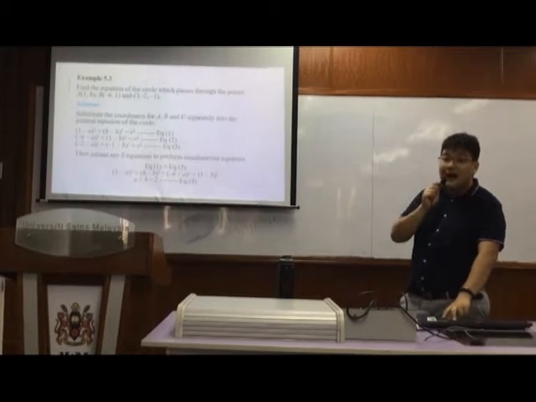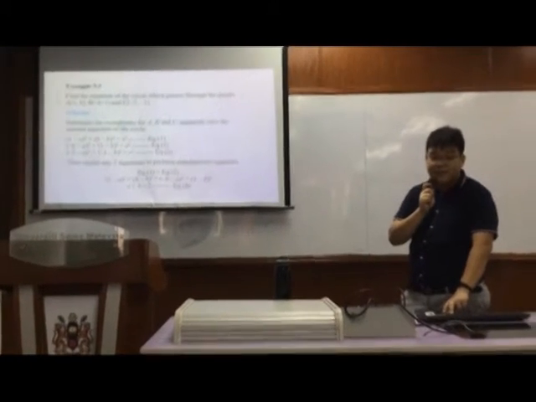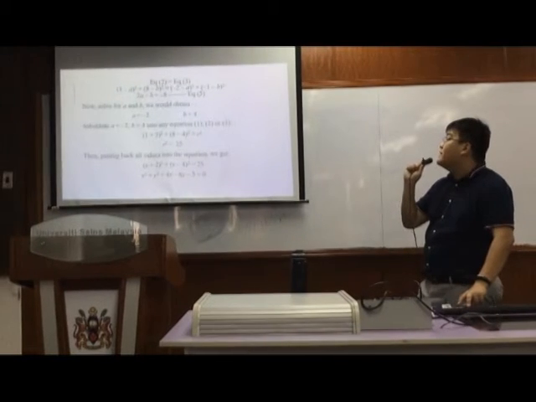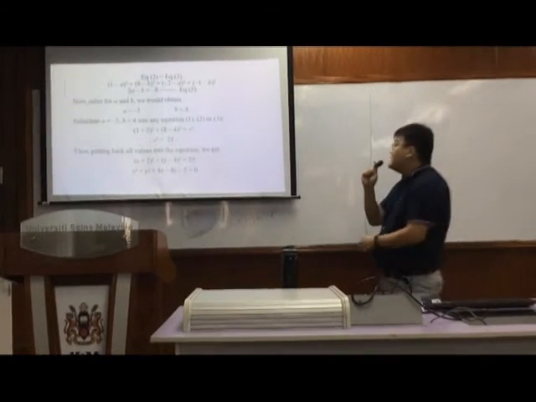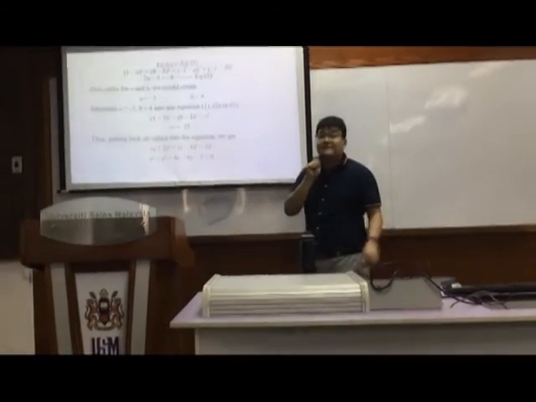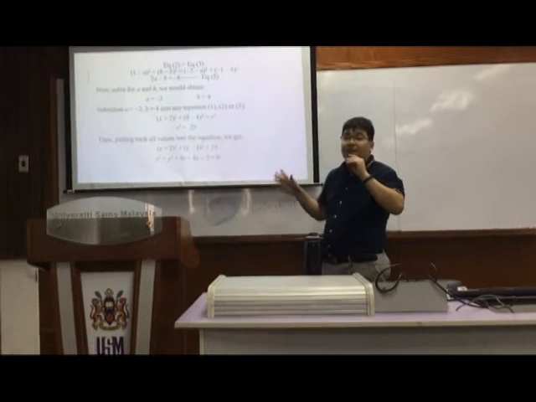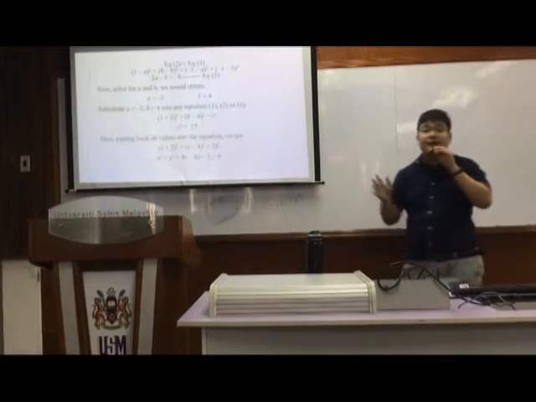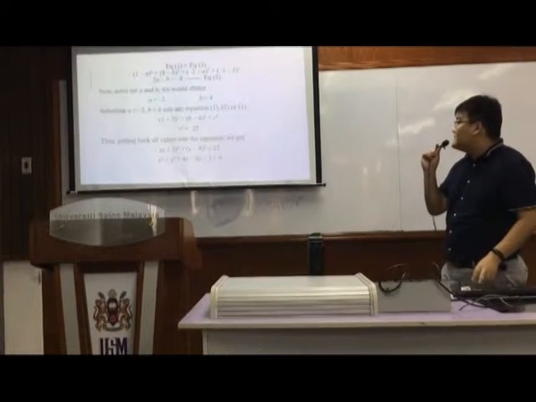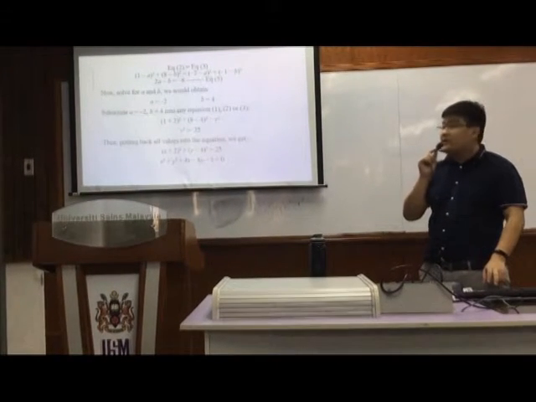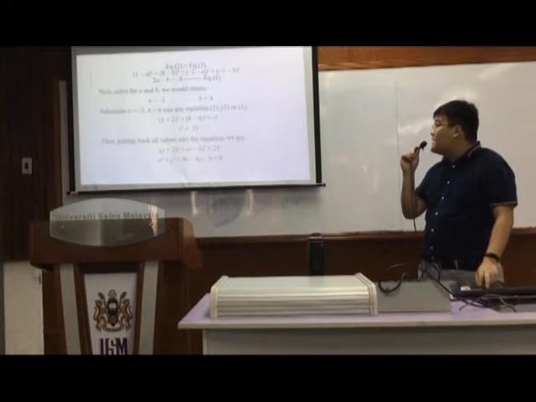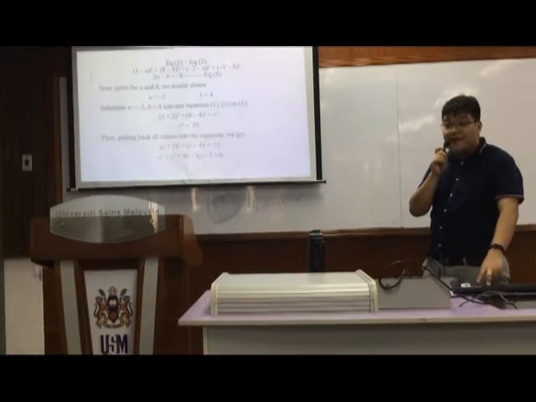We are short of r, because now we want to find the equation, right? To solve for r, you just take a equals negative 2 and b equals 4, and substitute into any of equation 1, 2 or 3, any one will do. When you substitute in, you obtain that r squared equals 25, which means the radius r is 5.